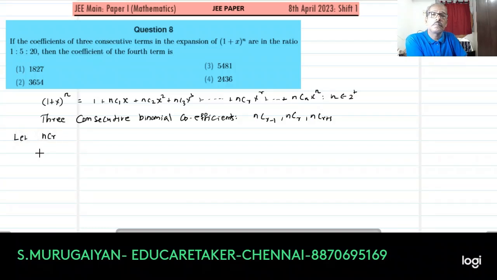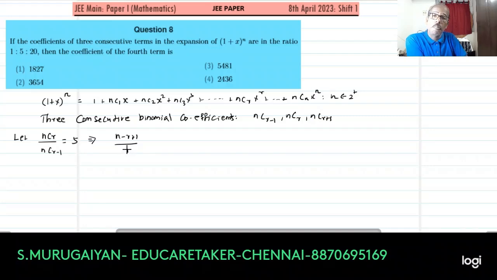Let us take NCR divided by NCR minus 1. From the data, the ratio is 5:1. Using properties of expansion, the difference of n and r minus 1 goes in the numerator, n minus r plus 1, and the suffix r will be in the denominator.